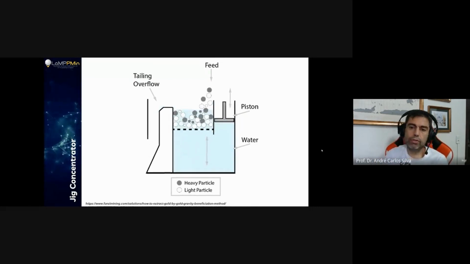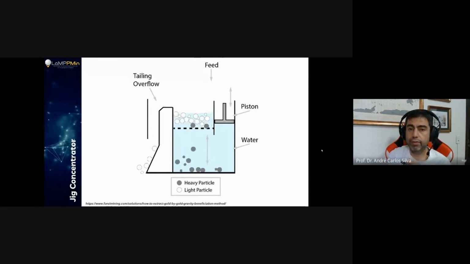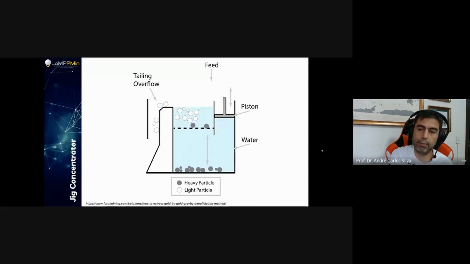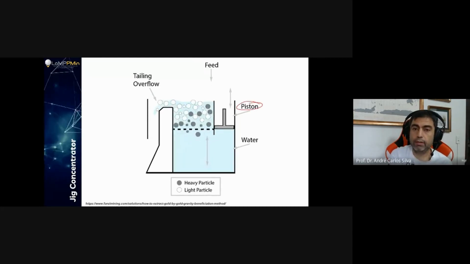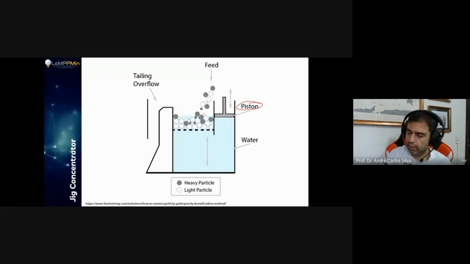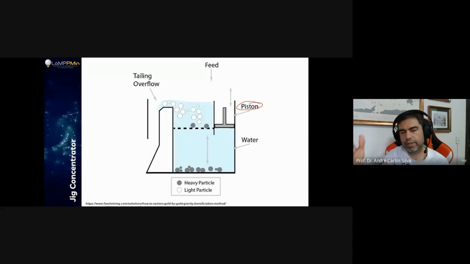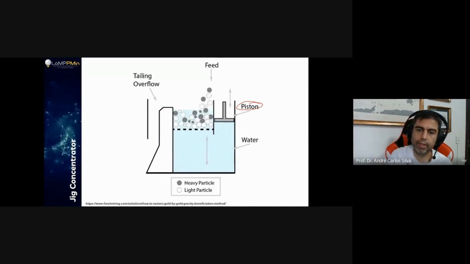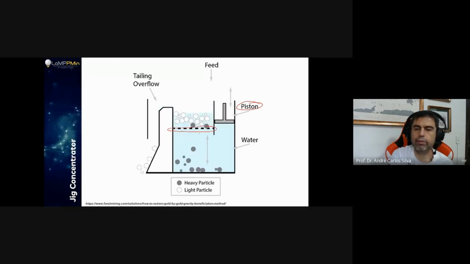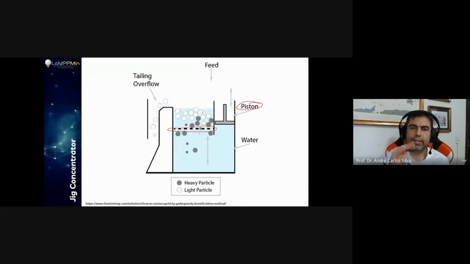In this case, there are many different variations for this kind of machine. I'm going to use a piston. The other one used diaphragms, and we have many differences between those. I can even use compressed air and things like that. But I have a screen over here, and the screen has the function to retain some material.